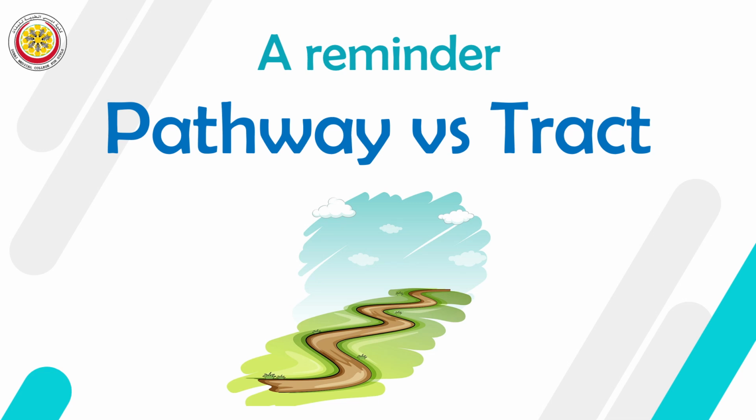I said a minimum of 2, and we now know which pathways have only 2 neurons. But a minimum of 3, I said. Can we have more? Yes. How well?